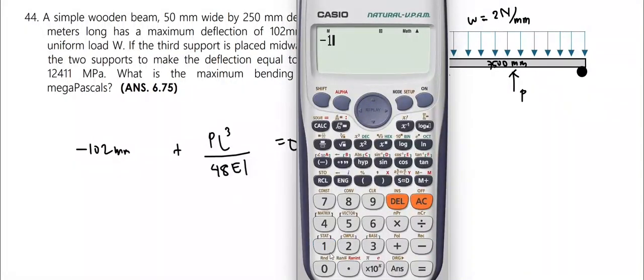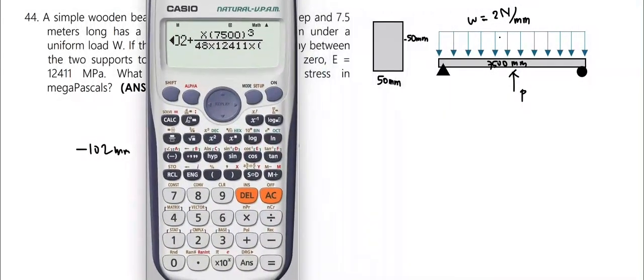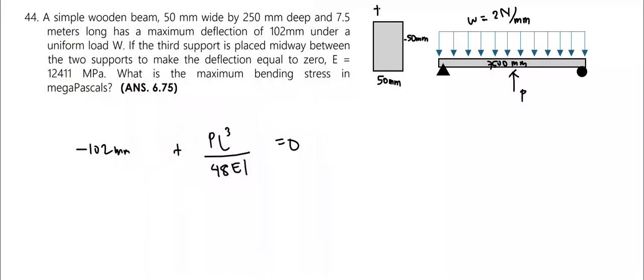So we have negative 102 plus the unknown force P times the length of 7,500 millimeters cubed divided by 48 times the modulus of elasticity equal to 12,411 times the moment of inertia for this cross section, given by the formula BH cubed divided by 12.